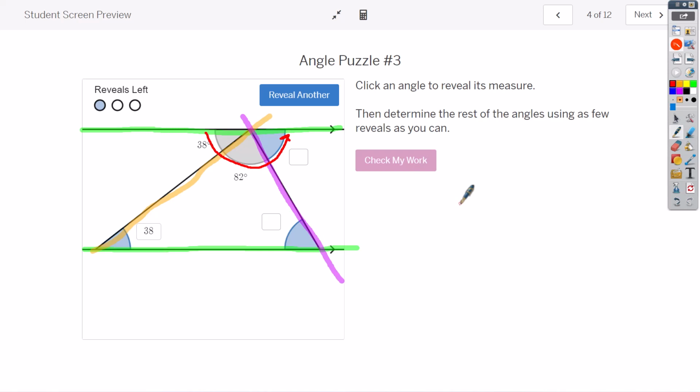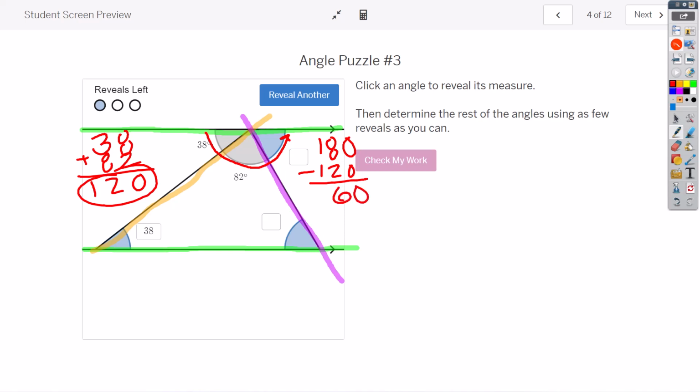Actually, let me add these two together. 38 plus 82 should give me 120. And then I can take that and subtract it from 180. So this angle must be 60 degrees.